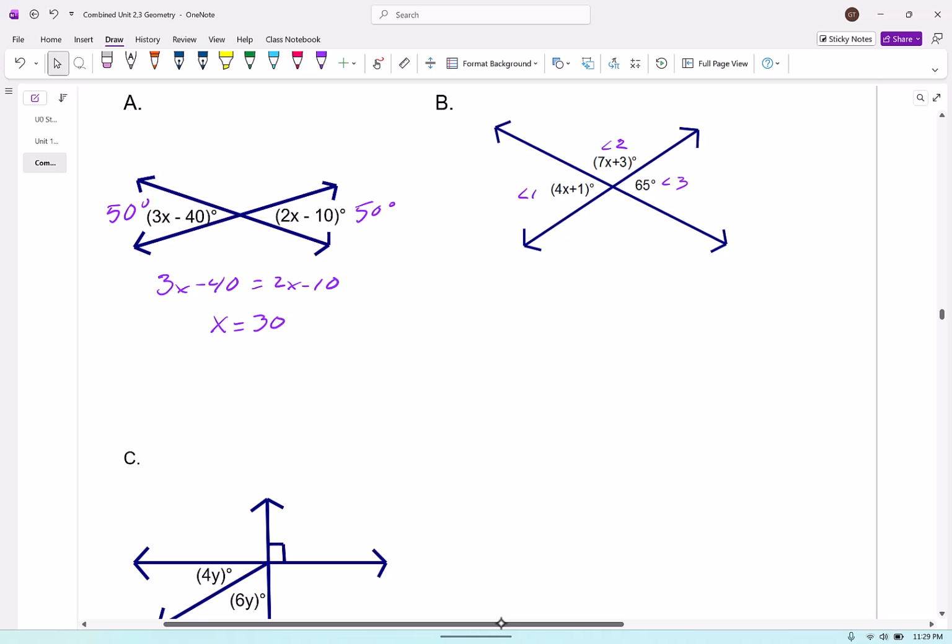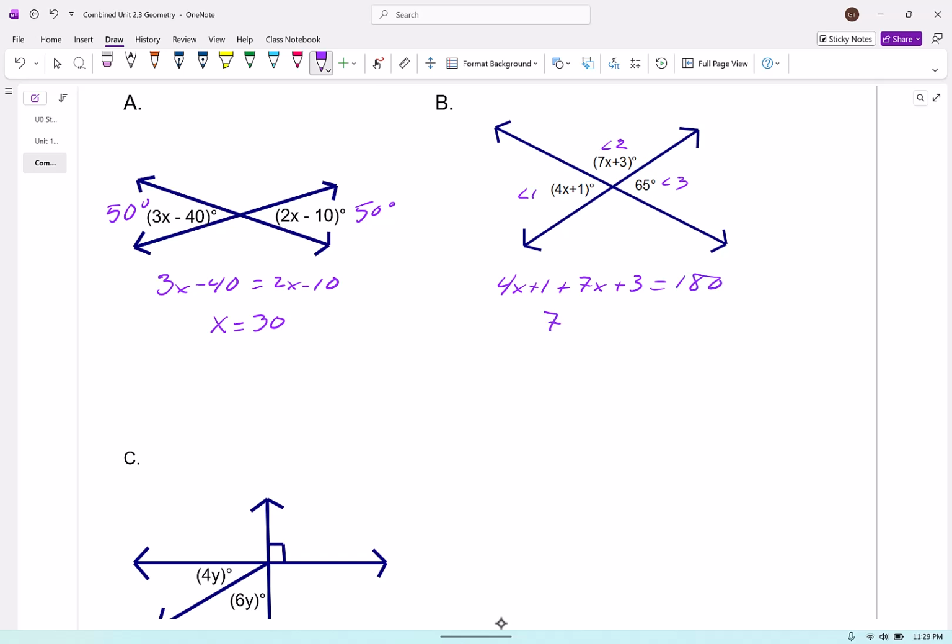Those are a linear pair, so they're going to add up to 180. So I could say 4x plus 1 plus 7x plus 3 equals 180. I'm going to get 7x plus 4 equals 180, 7x equals 176. X equals 16. I think this is the exact one.